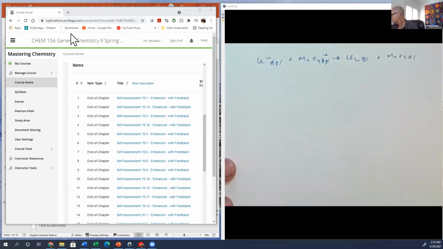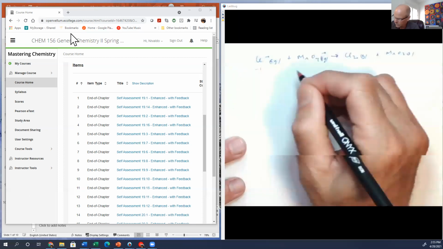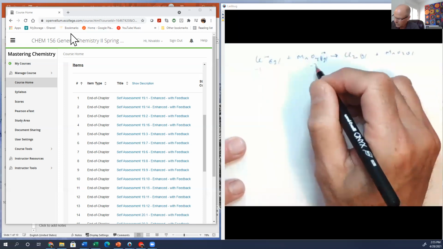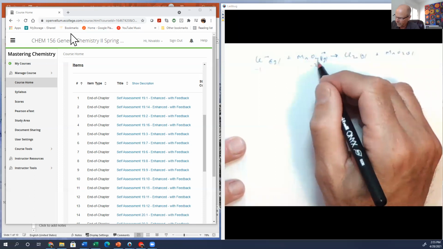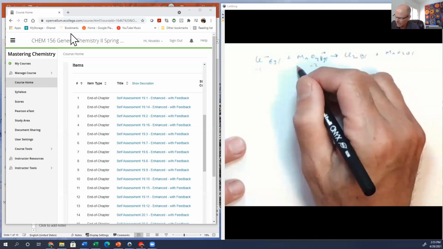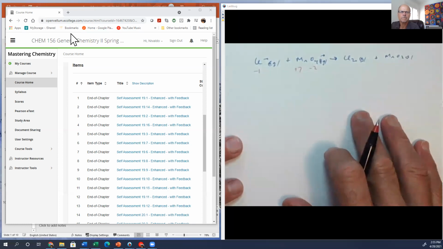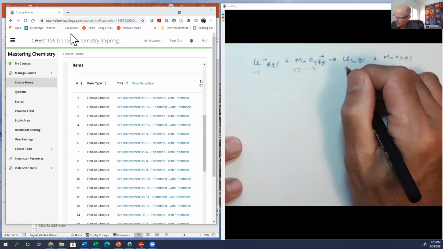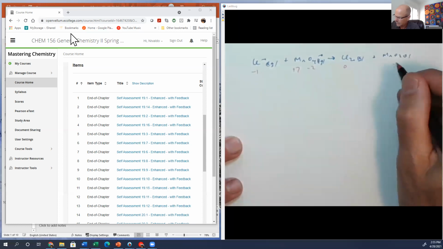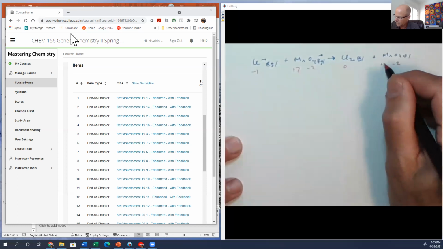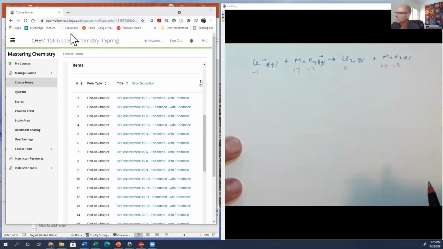So you start like you always start, by assigning oxidation states, right? So Cl is -1, oxygen is -2. There's 4 of them for -8, so manganese is going to have to be +7. And then Cl2 is a pure element, so it's 0. On this side, you have -2 for the oxygen, so you have +4 for the manganese, right?